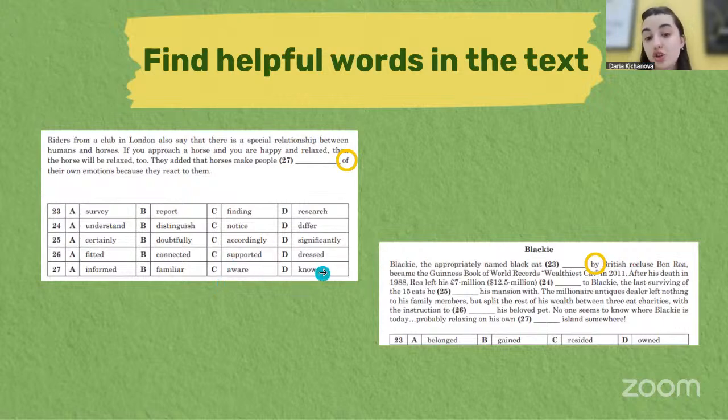Aware and known. If we're talking about aware, we use aware with of: aware of something. And known, you can use for example known for, mostly. So the correct variant, as I can see in the chat, is C. So we are aware of our emotions. Yeah, we know them. We can understand them.